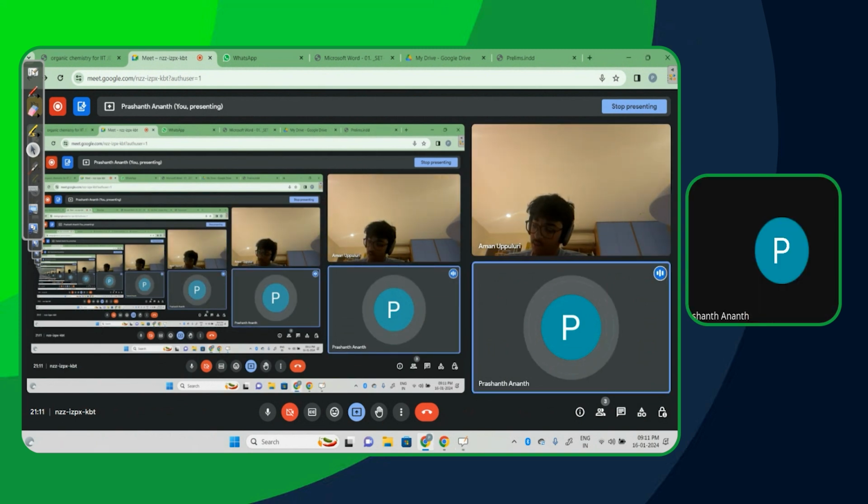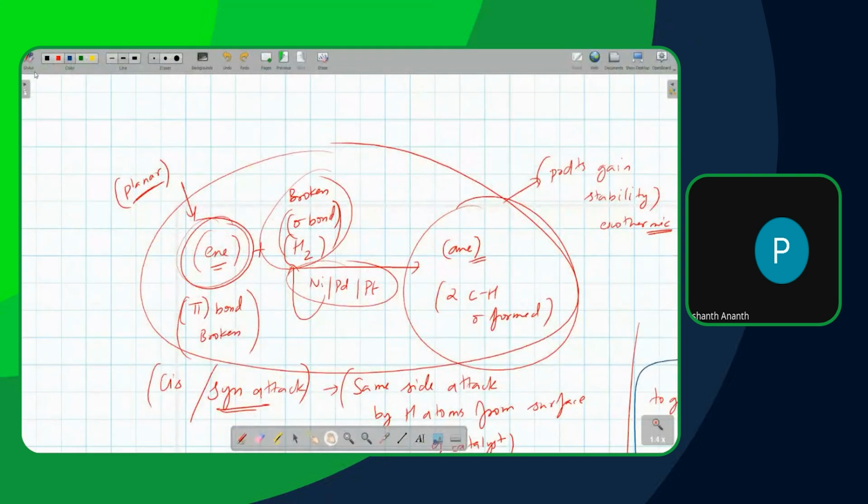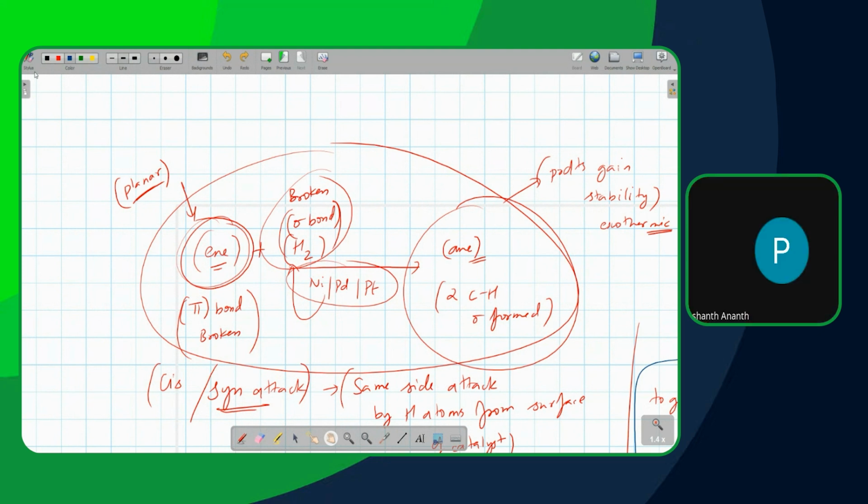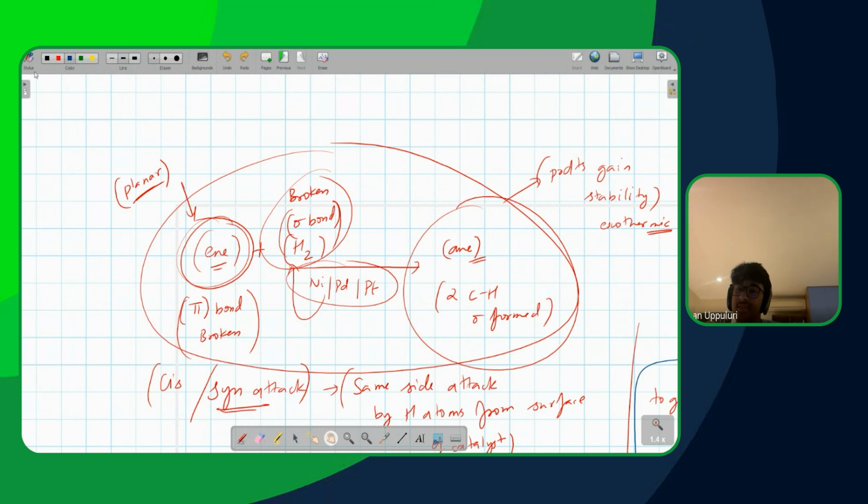In these cases, when you start with an ene, it can be optically active. How?